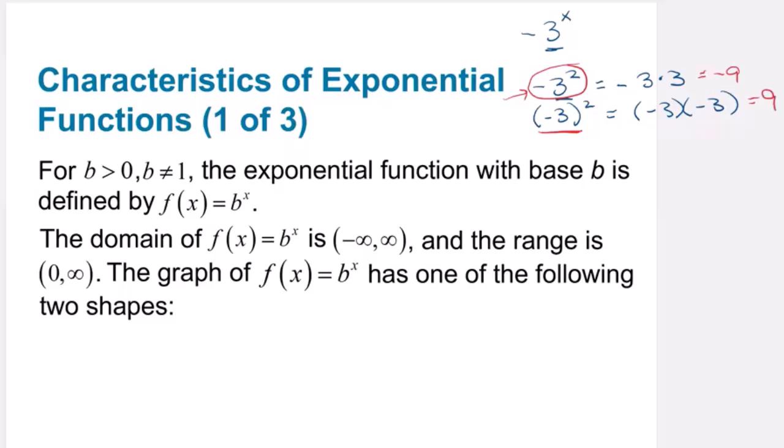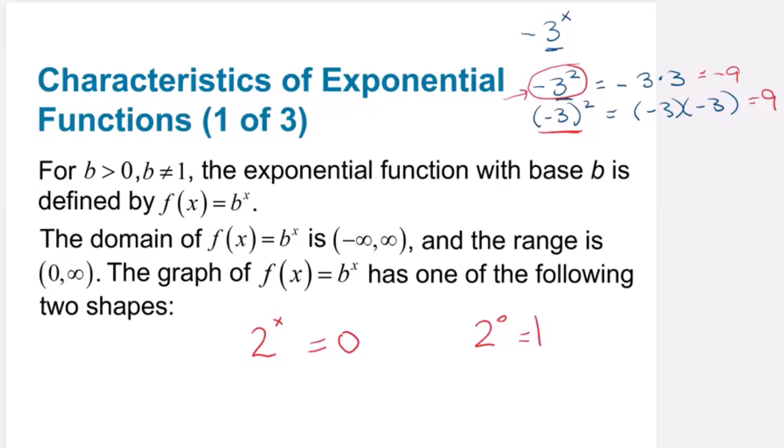The domain of f of x equals b to the x is all real numbers, from negative infinity to positive infinity. And the range just goes from 0 to infinity. Because if I have 2 to the x as an example, could I ever make that equal 0? No, 2 to the 0 is equal to 1.